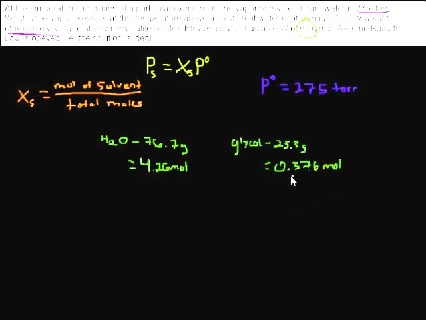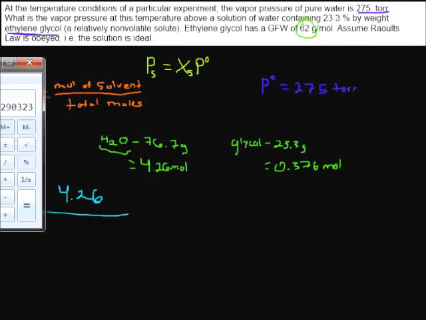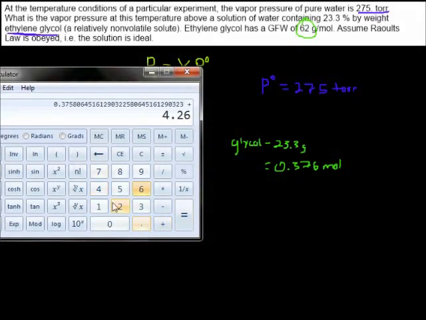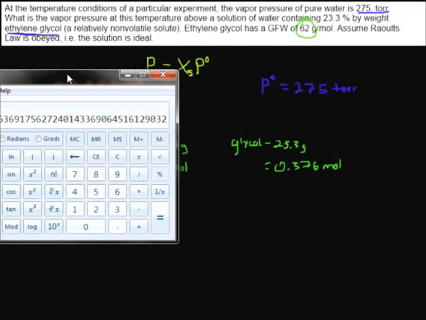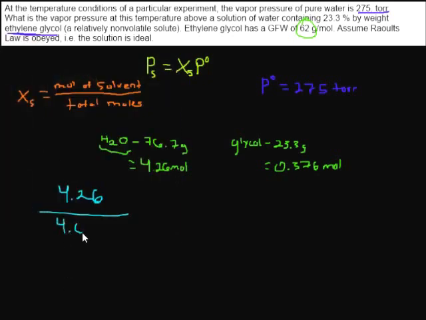Alright, now what we need to do is plug it into this. Now which one's our solvent? Well, water obviously, right? So water's our solvent. So we plug that in. 4.26 divided by the total here. So plus 0.376. I just want to be exact. Alright, so 4.64.